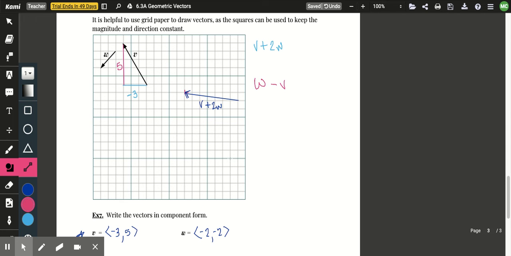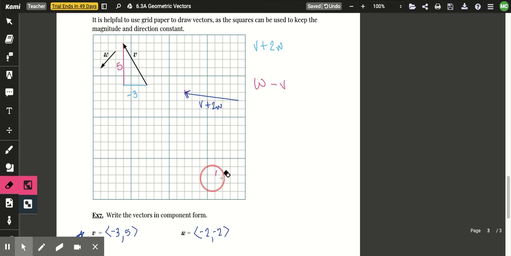So I think I'll start it right here. I can start it anywhere I want to. It doesn't matter. The location is unimportant. What is important is direction and length. So there's my vector w. And that's not going to work. Let me try that again.